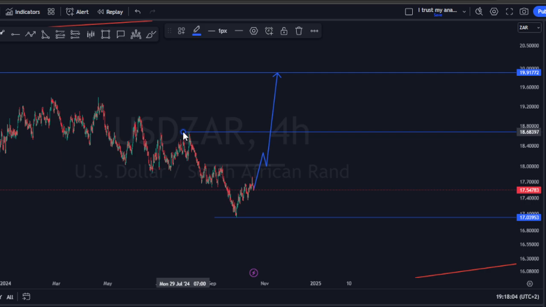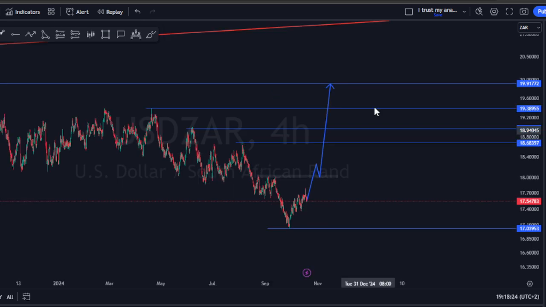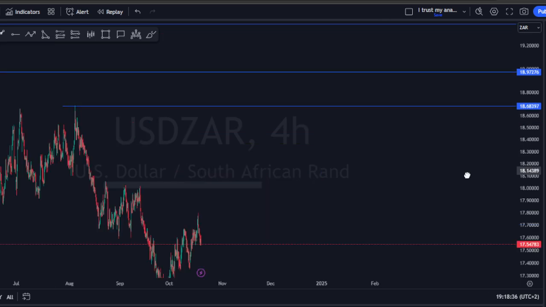And then there we have it, ladies and gentlemen. Then we'll have that right shoulder, should this play out. So this is our first setup I am anticipating on USDZAR.